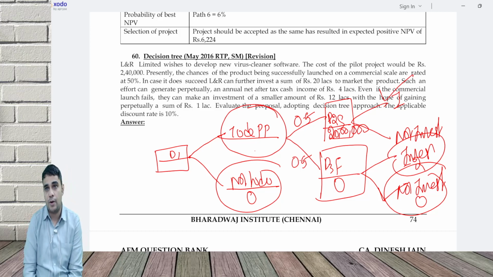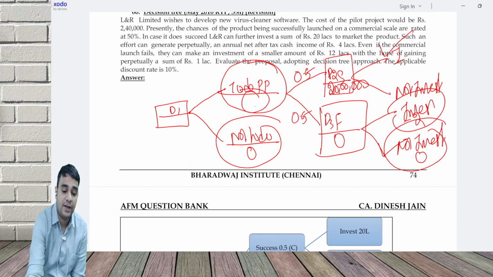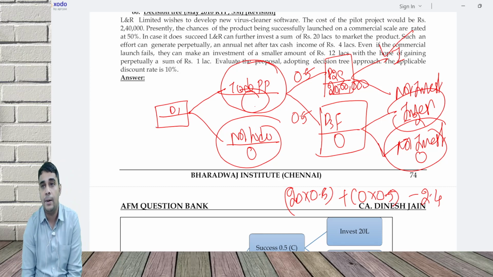What is the value for this now? Weighted average: 20 into 0.5 plus 0 into 0.5, and you have to spend 2 lakh 40 to do the pilot project.